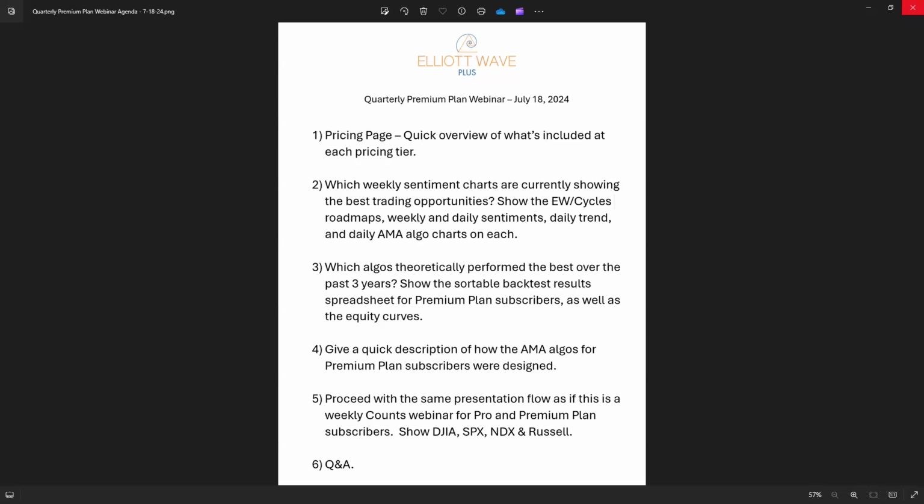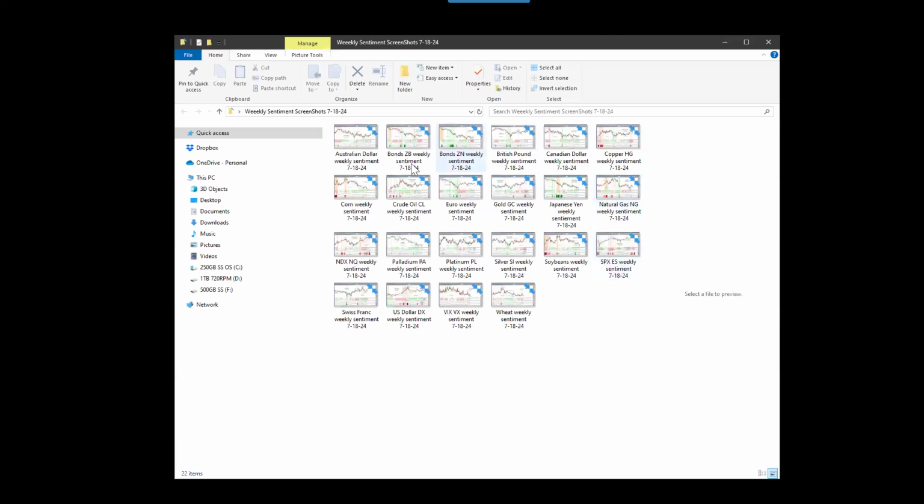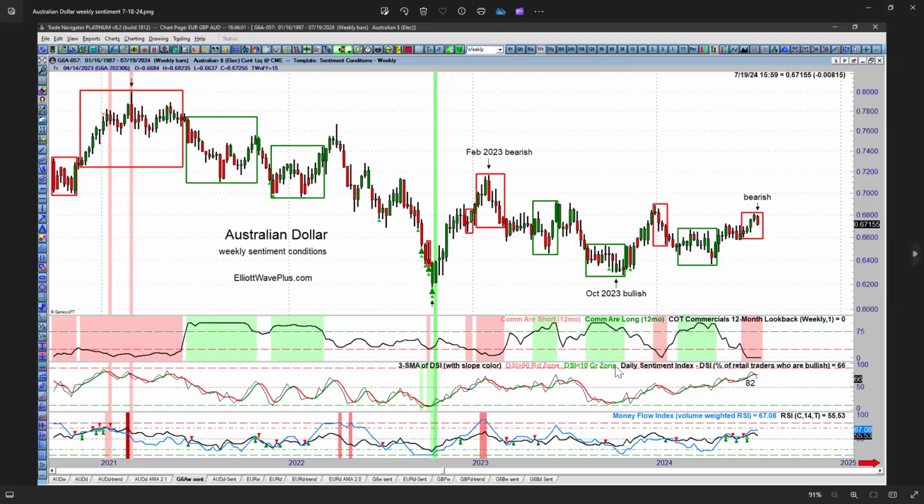I want to show you the weekly sentiment chart. I took screenshots just tonight of 2 dozen items that we keep weekly sentiment templates going on, and I'm going to go through all of them right now.